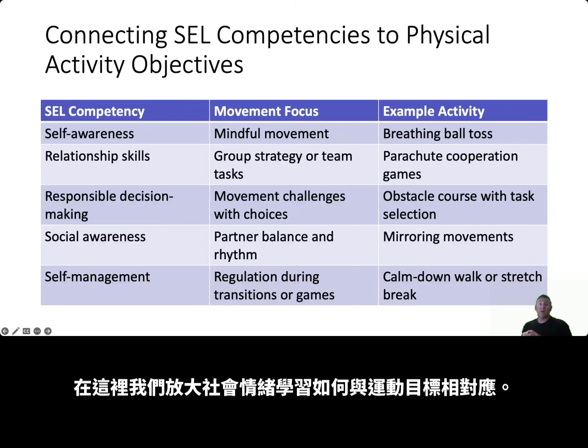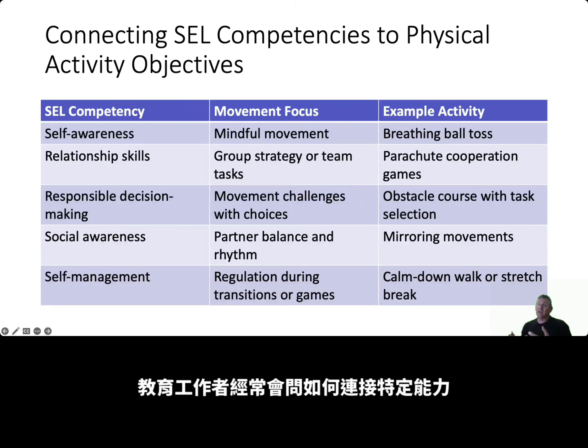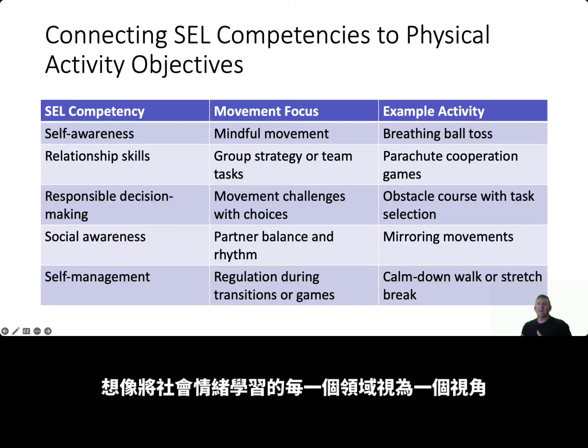Here we zoom in on how social emotional learning and movement goals align. Often, educators ask how to connect specific competencies to actual physical education lessons. Well, this chart offers an additional jumping off point. Think of each social emotional learning domain as a lens.